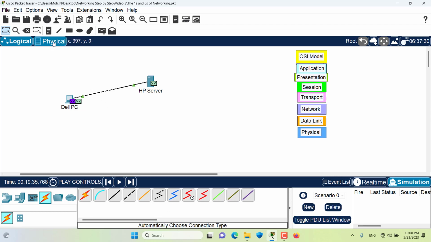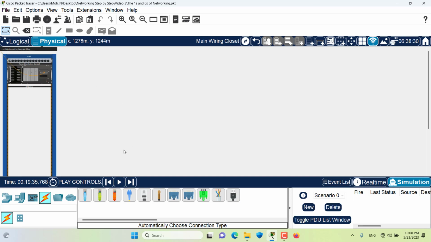The physical layer also defines the type of plugs that we use, the type of registered jacks. For example, RJ45, which is used for console cable, crossover cable or straight through cable, is defined by the physical layer of the OSI model. For fiber, we also have certain types of connectors, SC and LC.